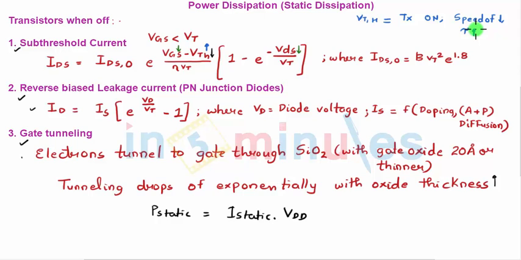And we can also lower our temperature. If our temperature is lowered, the thermal voltage is reduced, which will help us in reducing the subthreshold current. So we just saw that if we increase the threshold voltage, my transistor will take a longer time to turn on, which will reduce the speed of my circuit, and in turn will increase the delay.